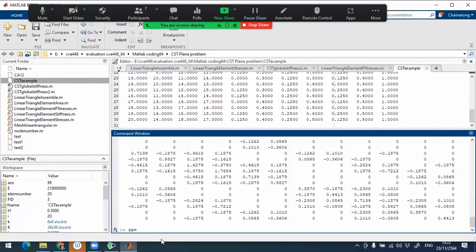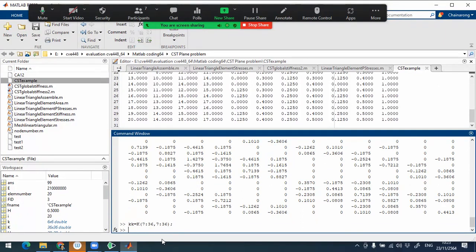So we cut off the columns and rows from the first to 6. The stiffness after applying the boundary condition is just for row 7 to row 36 and column 7 to column 36, like this.